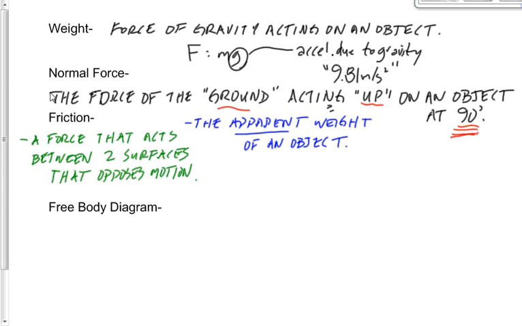When you slam on the brakes of your car, there's a force of friction that acts between the wheels of your car, the tires of your car, and the road. That resists motion. That's a good thing in that case because it stops you.